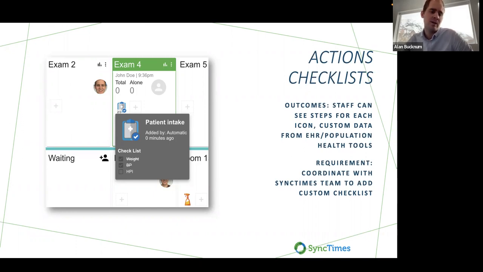I have a third quality measure that I need to check on for this patient. And we can automatically pull in that data to indicate from your pop health tool or from your EHR what is pending for those data sets. Obviously, the requirements here are really coordinating with the SyncTimes team to add those checklists and talk through the workflow implications. If we're talking about doing this through an integration, then there's coordination with those integration partners.